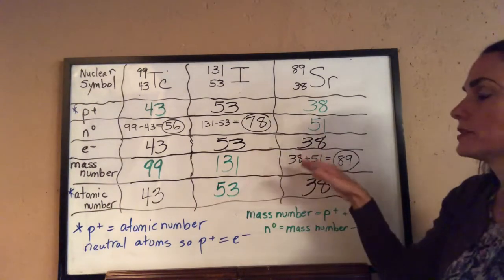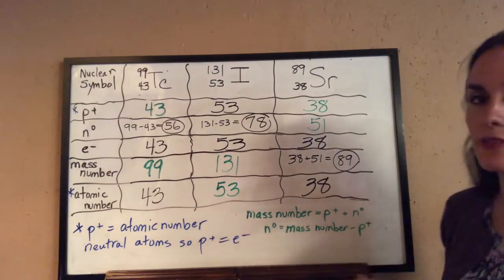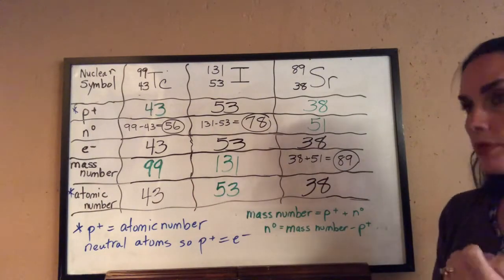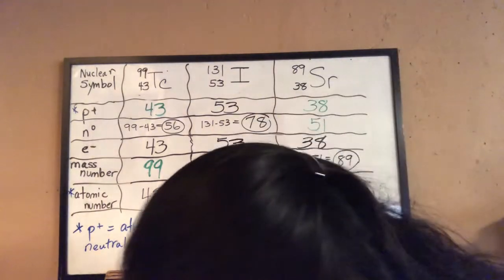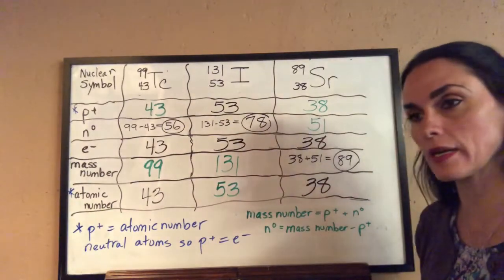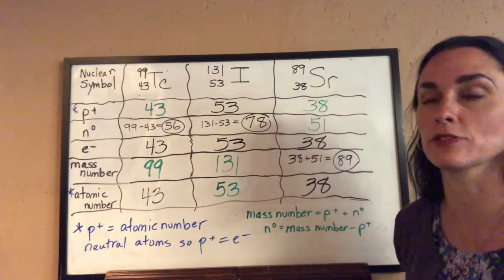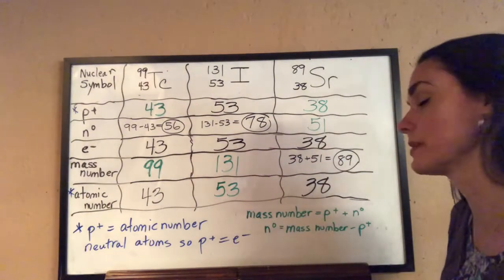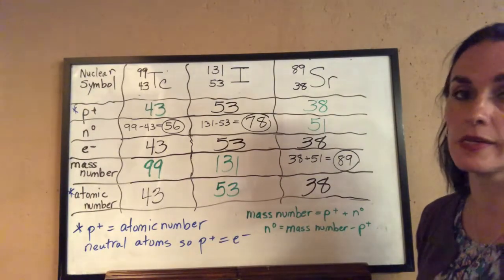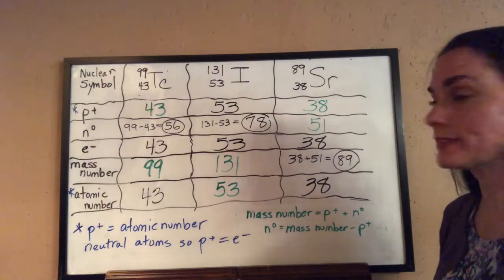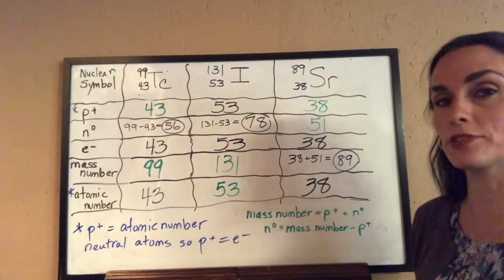Mass number is the sum of the protons and the neutrons. You cannot find mass number on the periodic table. I know sometimes in elementary science or middle school science, maybe even high school, it's presented that mass number and atomic number are the same, and they're not.